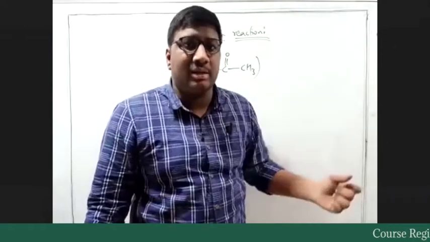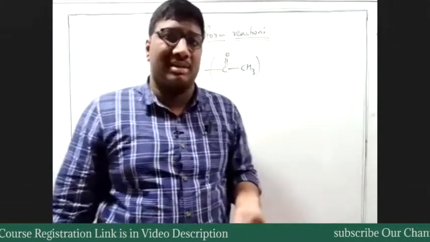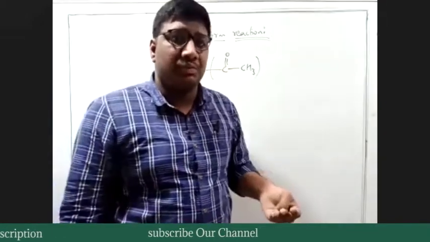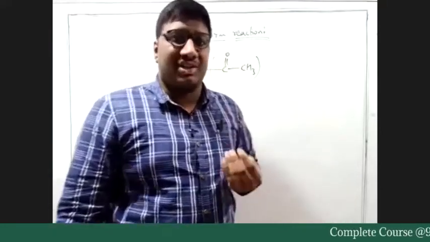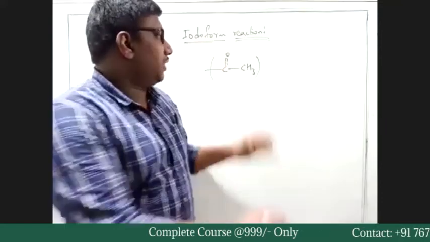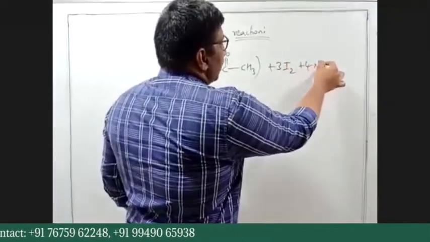We actually require 3 moles of halogen, like 3 moles of I2, Cl2 or Br2. The corresponding names would be iodoform, bromoform and fluoroform reactions. If we use I2, it is 3 moles of I2 plus 4 moles of NaOH.